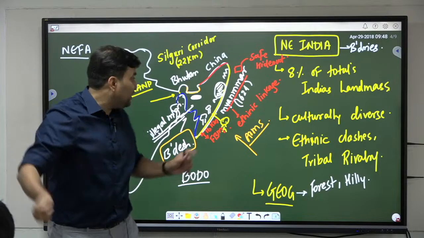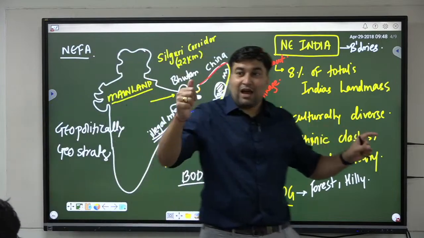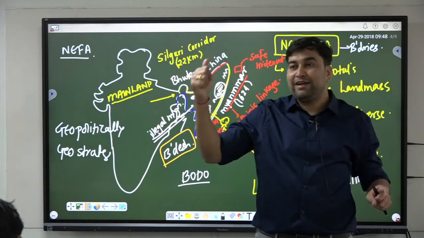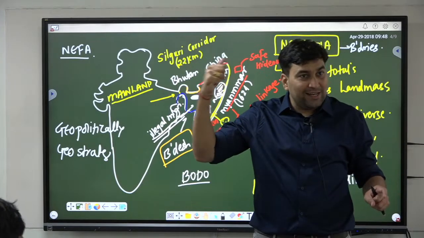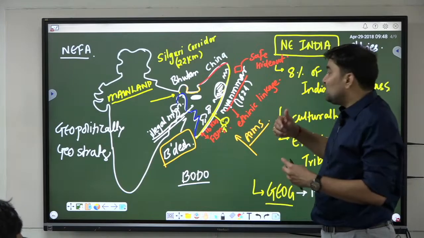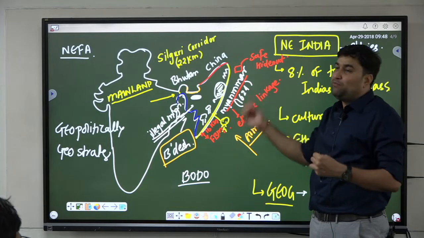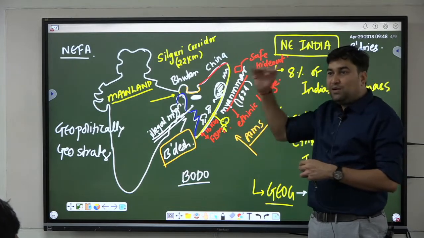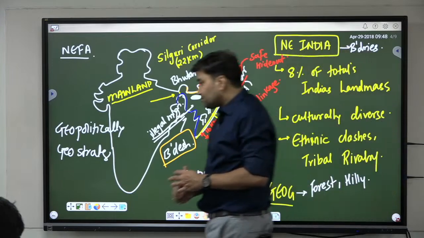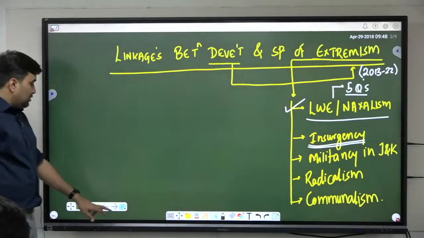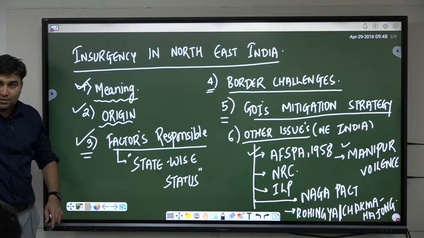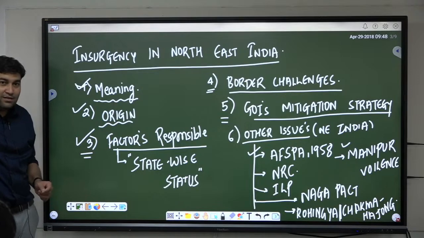Because of AFSPA in Northeast India, there are allegations with respect to human rights violations, fundamental rights violations, extrajudicial killings, rapes, tortures, etc. Because of this, people are not feeling good in this area against the armed forces. Getting the idea? So you can divide this into various categories. Is it clear? I hope you got the factors responsible for the Northeast India insurgency.